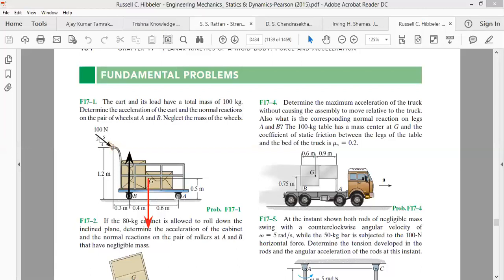So we'll be having normal reactions at points A and B.